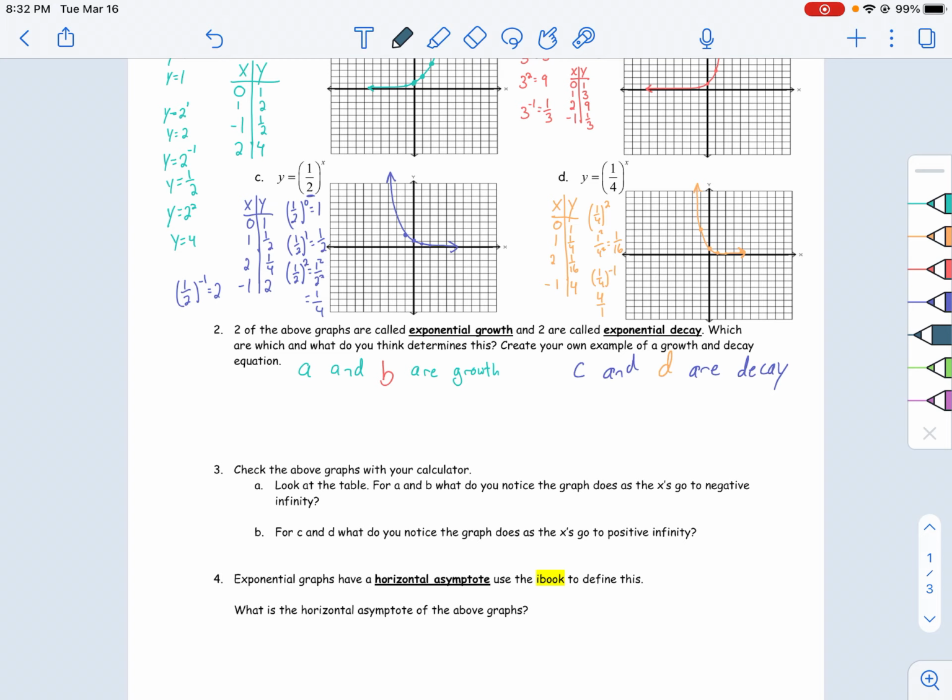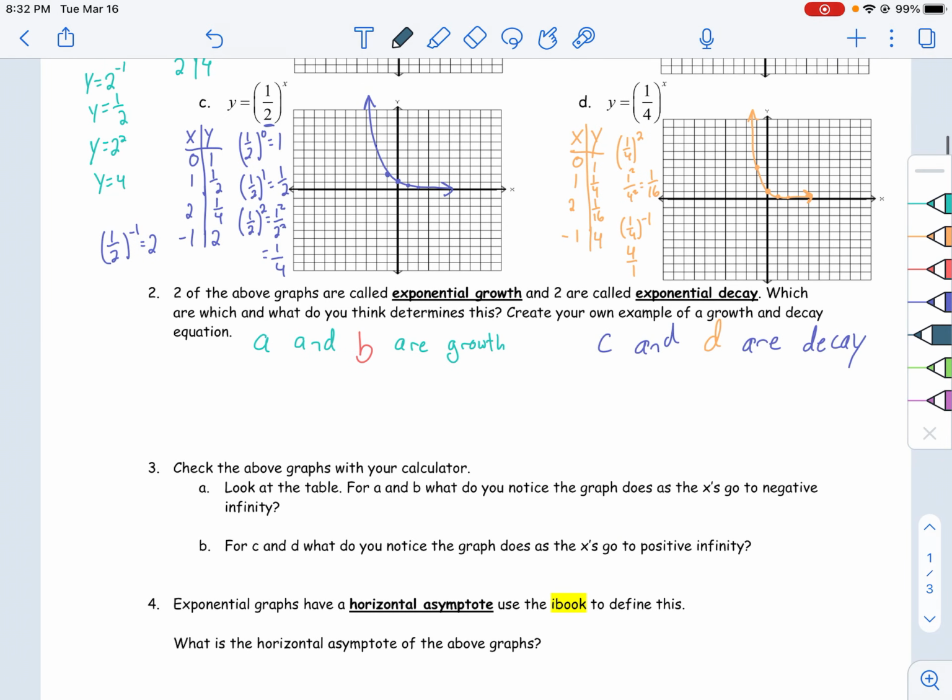So let's talk about what's determining this growth or decay. It's actually, hopefully you noticed, the B value, right? So the B value in y equals a b to the x determines growth versus decay.